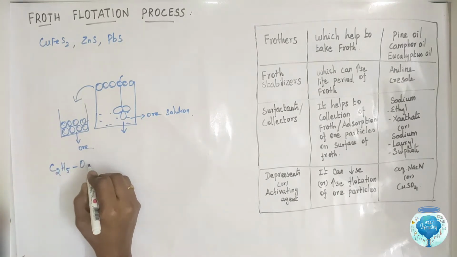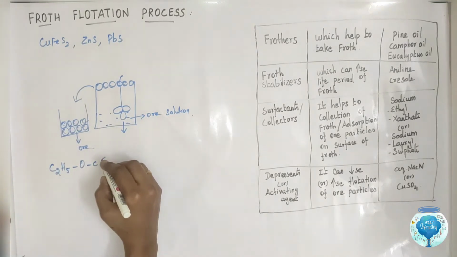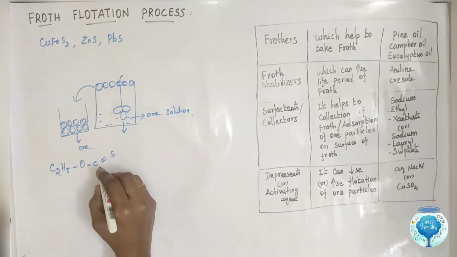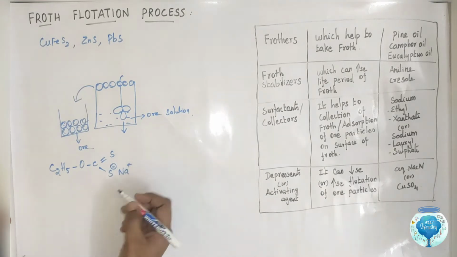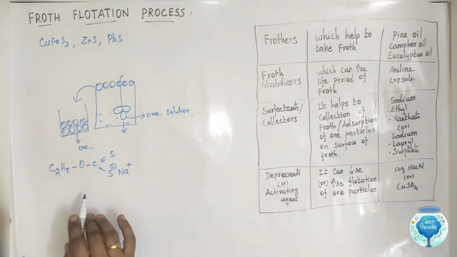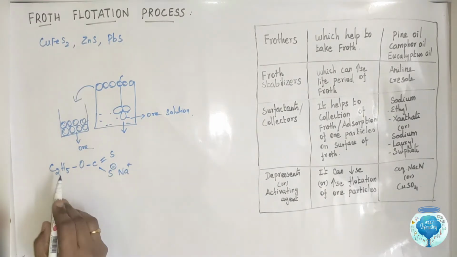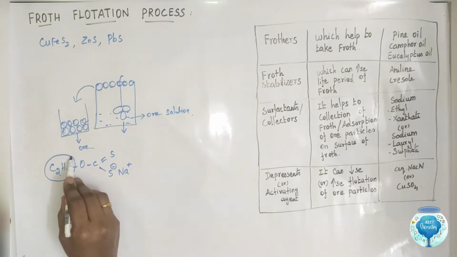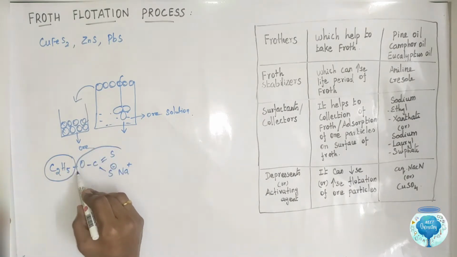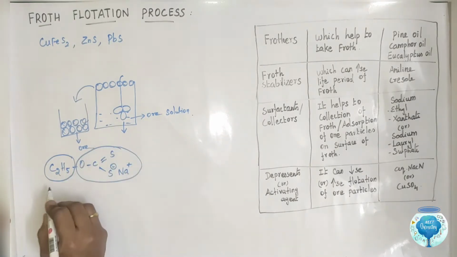The structure of sodium ethyl xanthate is C2H5-O-C(=S)-S⁻ Na⁺. Sodium ethyl xanthate has two parts: a hydrophobic part and a hydrophilic part.